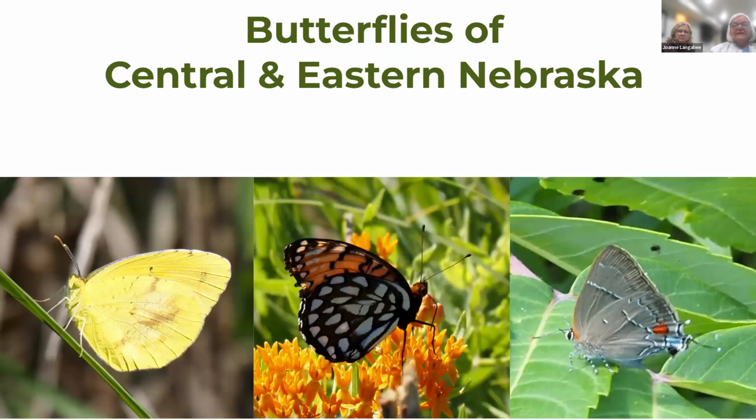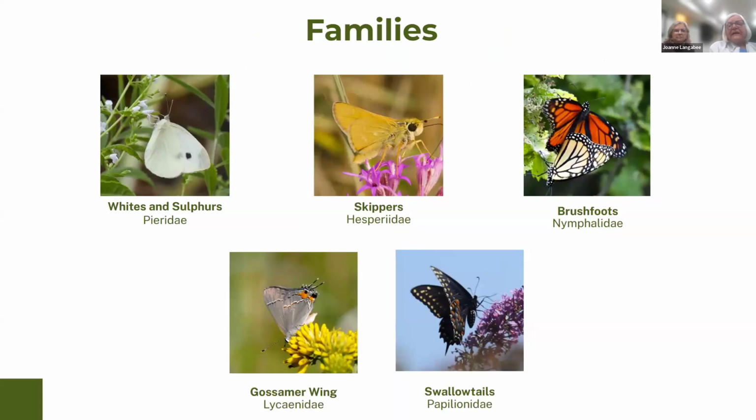Butterflies of central and eastern Nebraska. In Nebraska, we have 5 basic groups that you're going to see in this area. There are other species that we don't have here in Nebraska. Whites and sulfurs are pretty common, and we'll go over those. Then we have skippers. Skippers are the little brown butterflies.